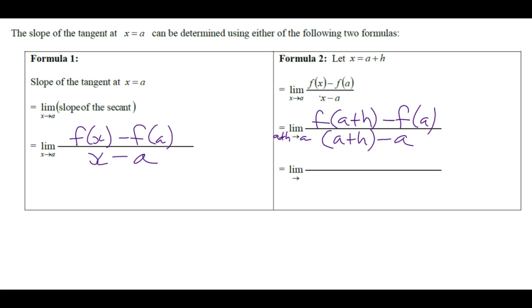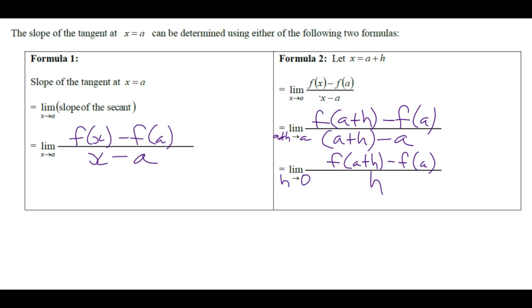And what we want to do, let's subtract a from both of these, so that'll be the limit as h approaches 0. In other words, as we move the one point to the other point, f of a plus h minus f of a over h.